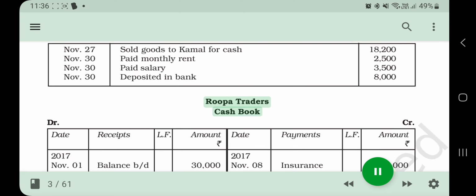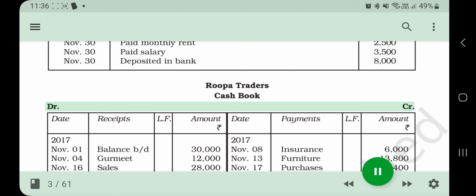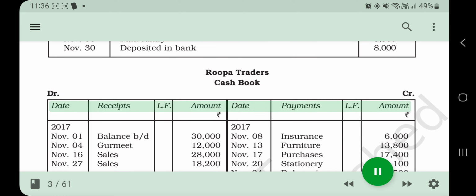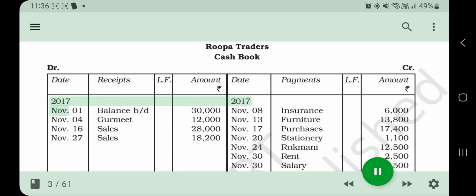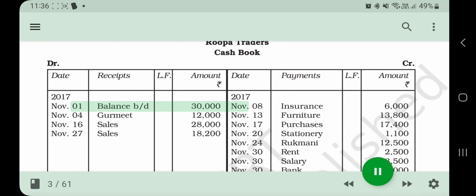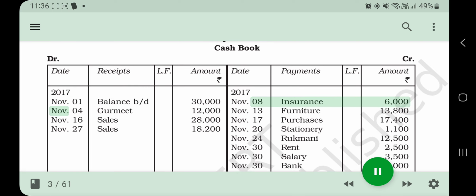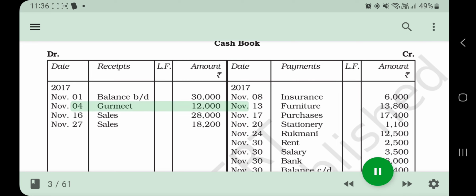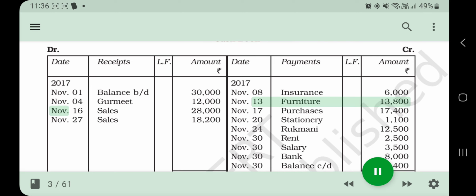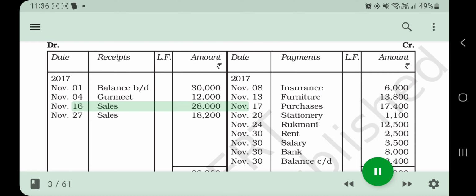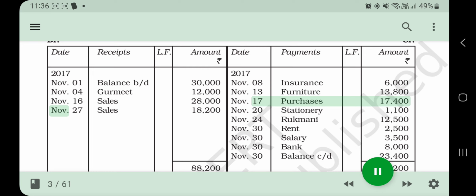Rupa Traders Cash Book. Dr. Cr. Date, receipts, LF, amount, date, payments, LF, amount. 2017 November 1: balance b/d 30,000. November 4: Gurmeet 12,000. November 16: sales 28,000. November 27: sales 18,200. On the payments side: November 8: insurance 6,000. November 13: furniture 13,800. November 17: purchases 17,400.